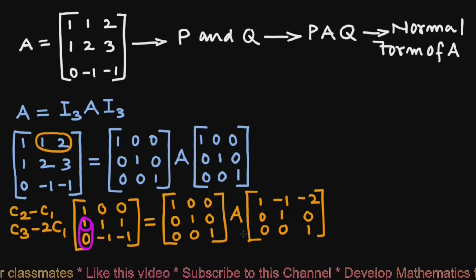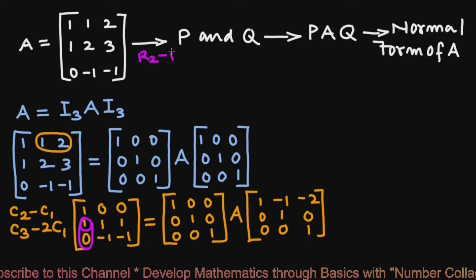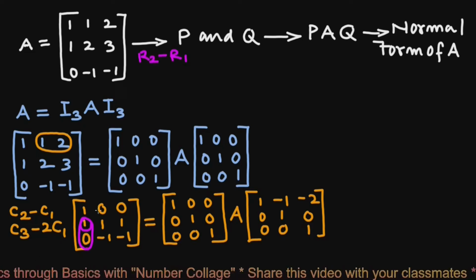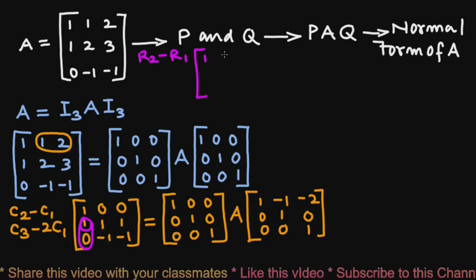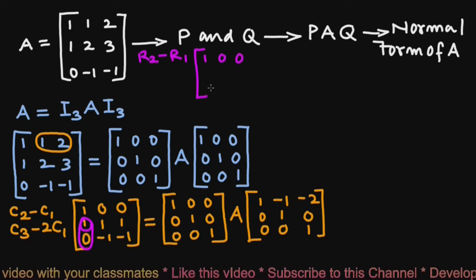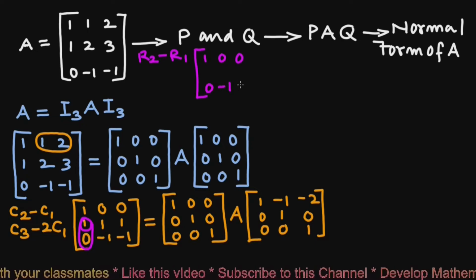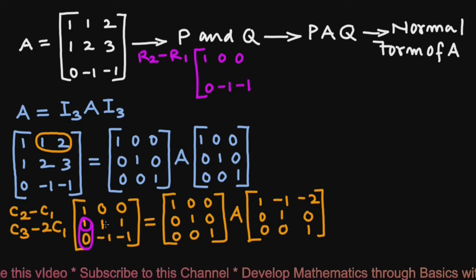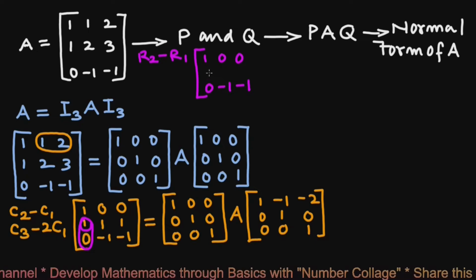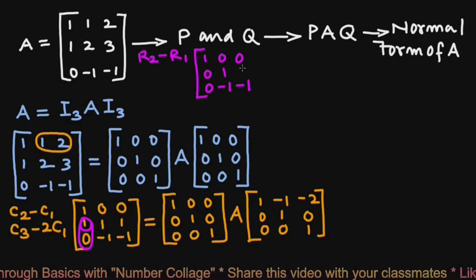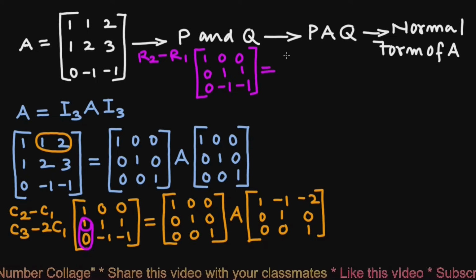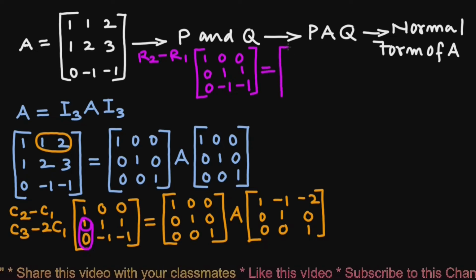After that we will make this element 0. For that we will perform R2 minus R1, that will give us the first and third row remain the same. So 1 0 0, the third row 0 -1 -1, the second row will be 1 minus 1 = 0, 1 minus 0 = 1, 1 minus 0 = 1, equals, the same row transformation on the prefactor.